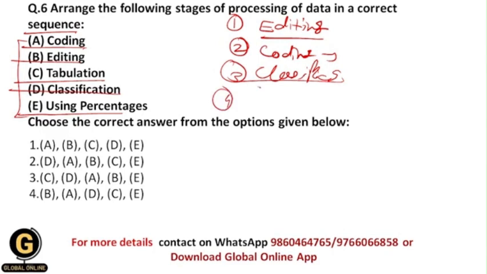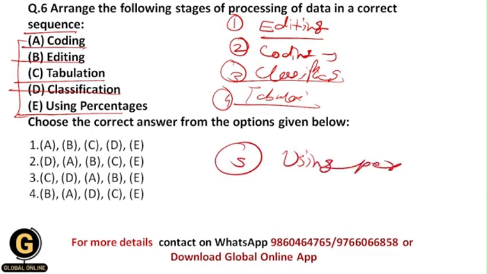Then next, we tabularize the data. Basically, whenever we have a data set, we categorize the data in tabular format so that it will be easier for all of us to understand the data, and we can easily mention the data in the tables. Okay, and the last one is using percentages. Whatever data we have tabularized, we represent that data using percentages.